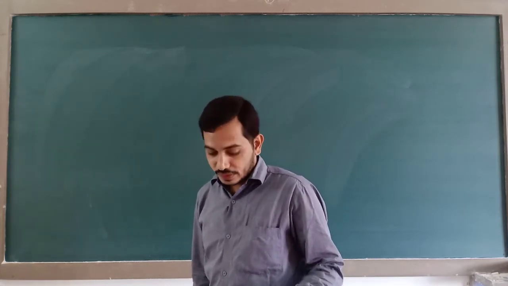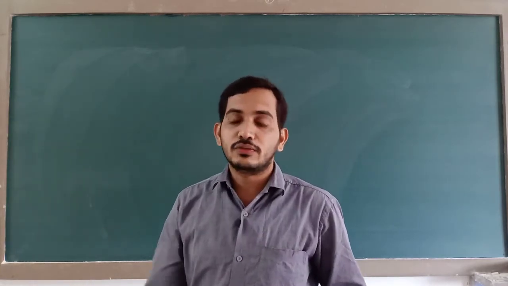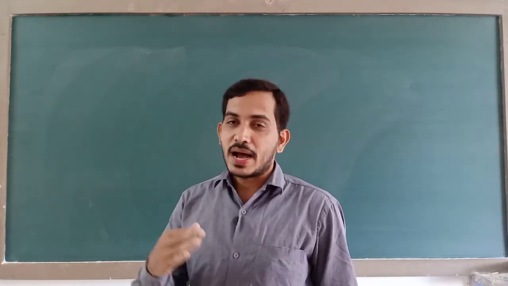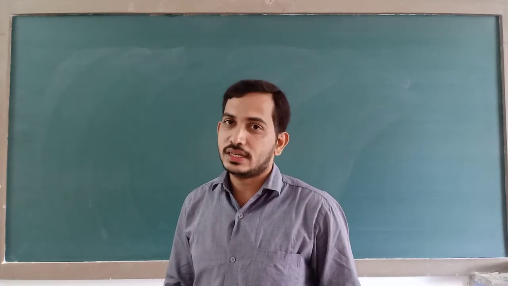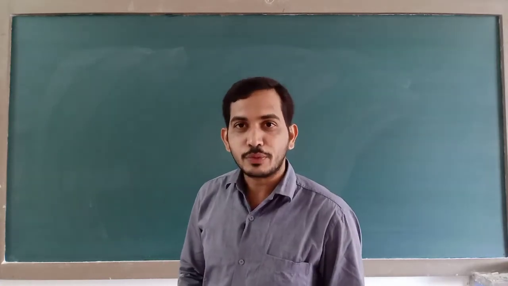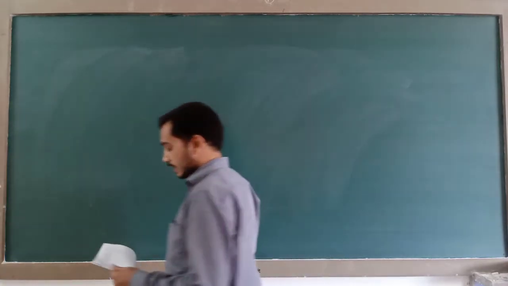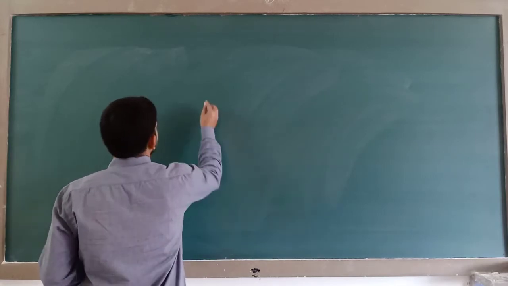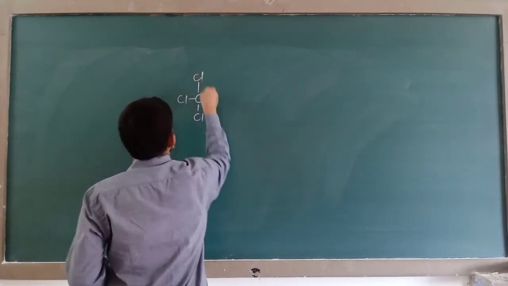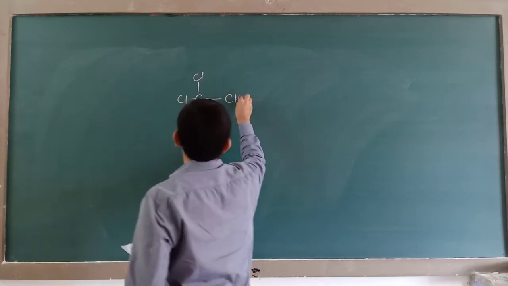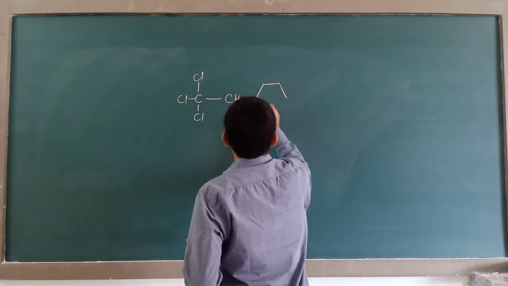DDT does not easily degrade into the environment and it passes from one trophic level to higher trophic level, resulting into biomagnification and causing severe health problems. For that reason DDT is banned. I will however give you its structure. You see if you can find out its name.